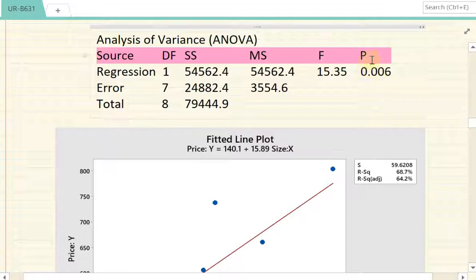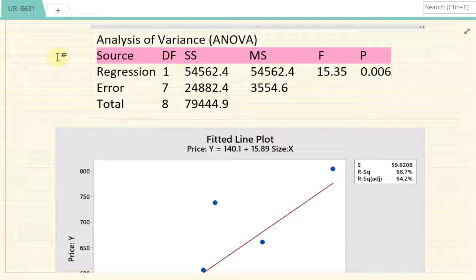What this p-value does, remember, anytime you see a p-value means somebody's testing a hypothesis. So what is this p-value actually testing? What this ANOVA tests is what we call a global hypothesis. The global null hypothesis for the regression is that we do not have the right regression model.